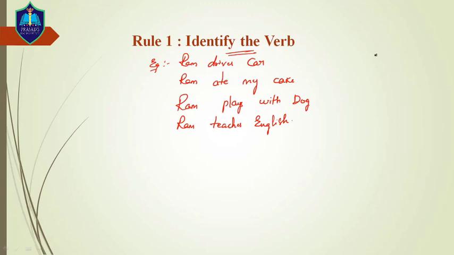All these represent the verb, that is, drives, ate, plays, teaches. Ram drives car. So drives is a verb here. Ram ate my cake. Ate is a verb here. Ram plays with the dog. So plays is a verb. Ram teaches English. So teaches is a verb over here.